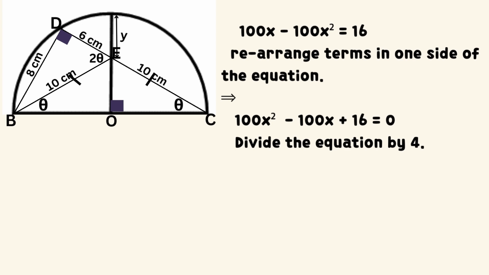Rearrange terms to one side of the equation. It implies that 100 times the square of x minus 100 times x plus 16 equals 0. Divide the equation by 4. We obtain a new equation as shown on the screen. Factorize.